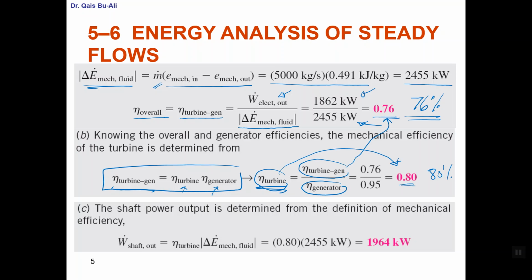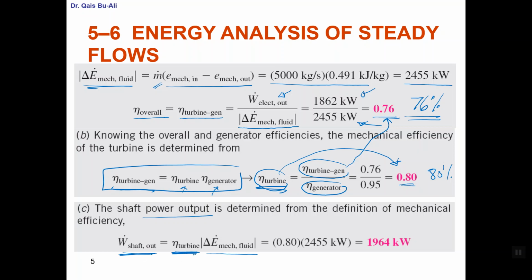The last thing which is required is asking for the shaft power output of the turbine, which also can be calculated easily from what we have done before, that we know that the efficiency of the turbine is equal to W shaft out divided by the magnitude of the change of the mechanical energy of the fluid. So I can just rearrange this equation.